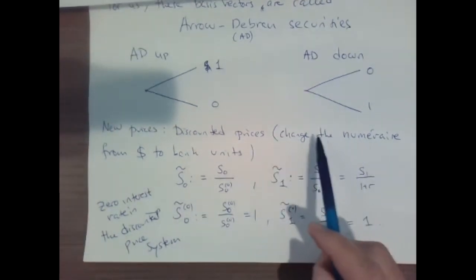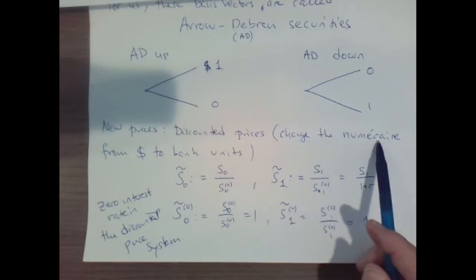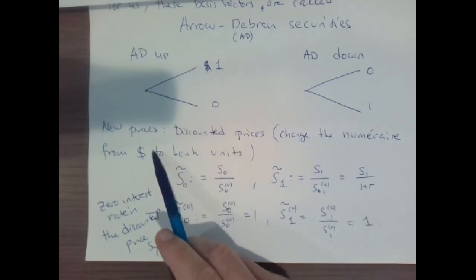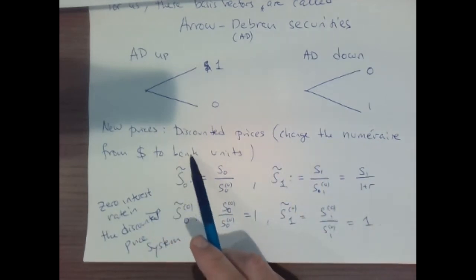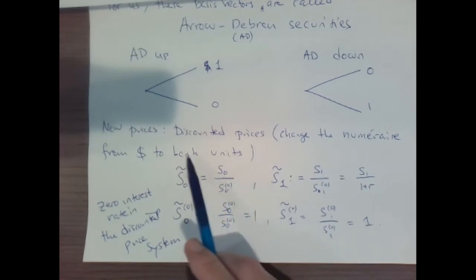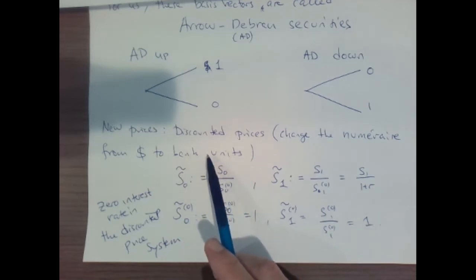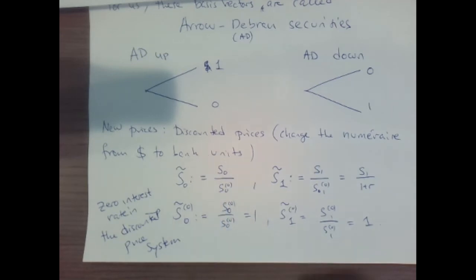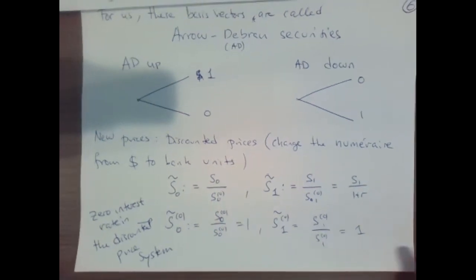And this makes sense. This is what the numerator means. We have switched over to measuring everything in units of the bank. So instead of measuring in dollars, I'm measuring in bank units, and there will be no interest rate.